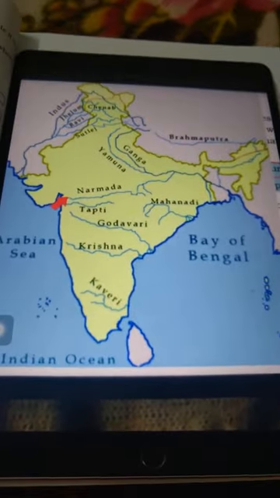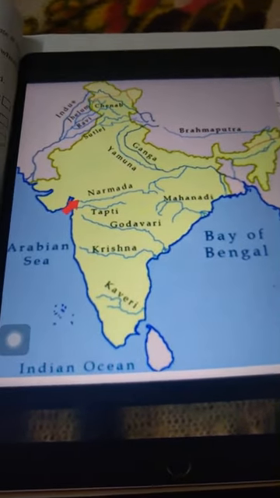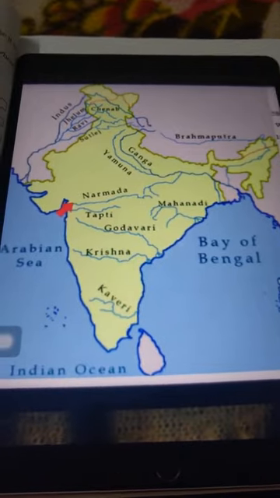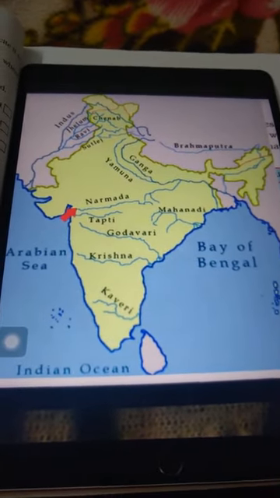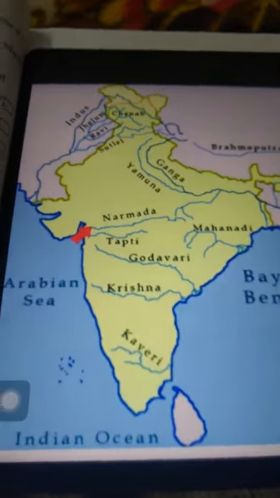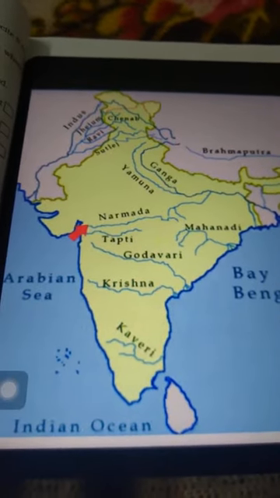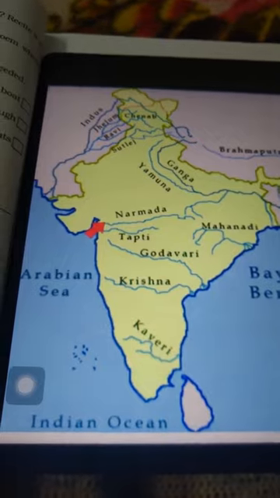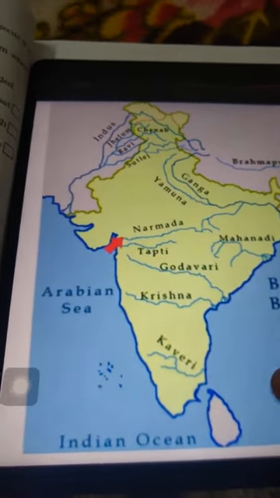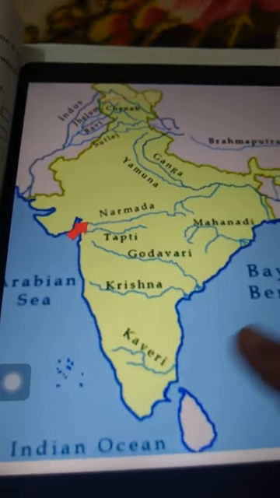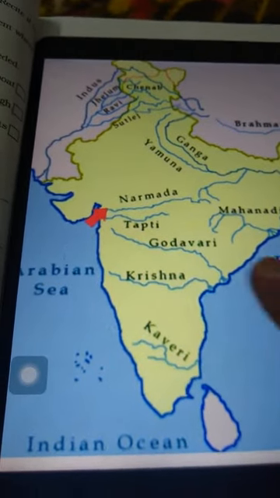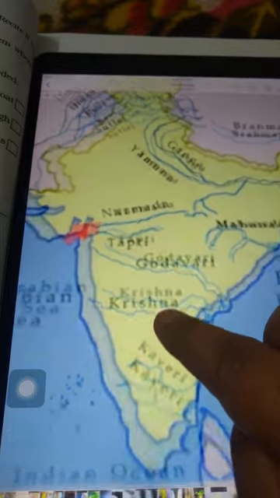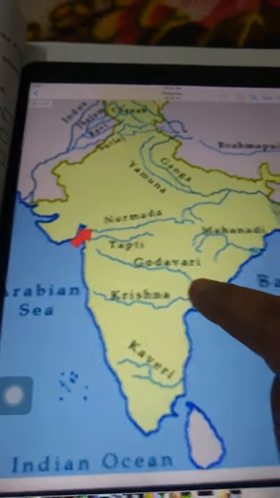This is the map of India. Now this is the river map of India. The blue lines indicate rivers. This is Kaveri river. This is Krishna river. This is Godavari.